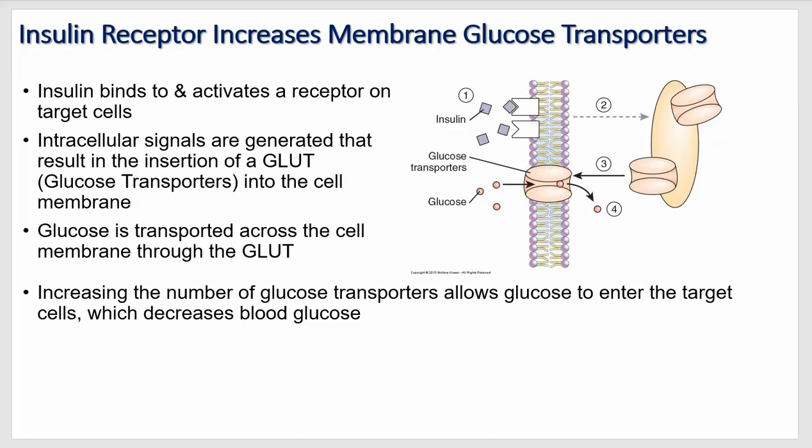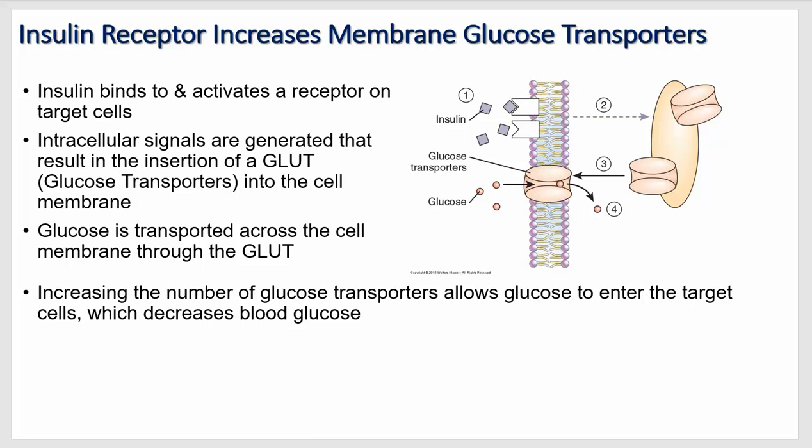Okay, so one of the things that was not very well shown on the previous picture is how glucose is moved into cells based on insulin binding. Insulin binds to and activates those receptors that we call the dimerized tyrosine kinase receptor, and those intracellular signals that we saw, and there are a bunch of them, are generated.